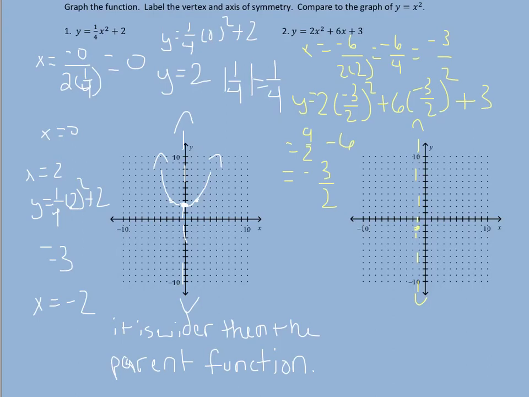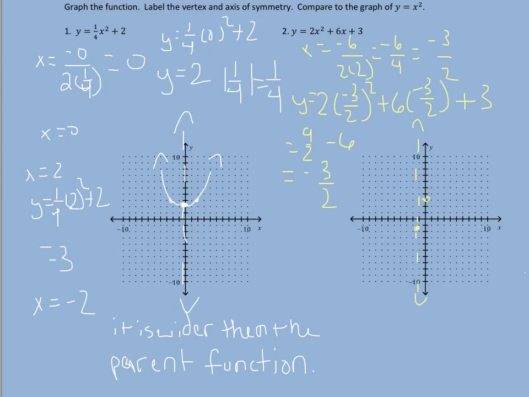Then just pick some numbers and that's going to work. So I'd plug in 0. Give me one to the right, one to the left. So plug in 0 and you get 3. So it's going to open up. So that's good, and they have minimums, because again, a is positive.